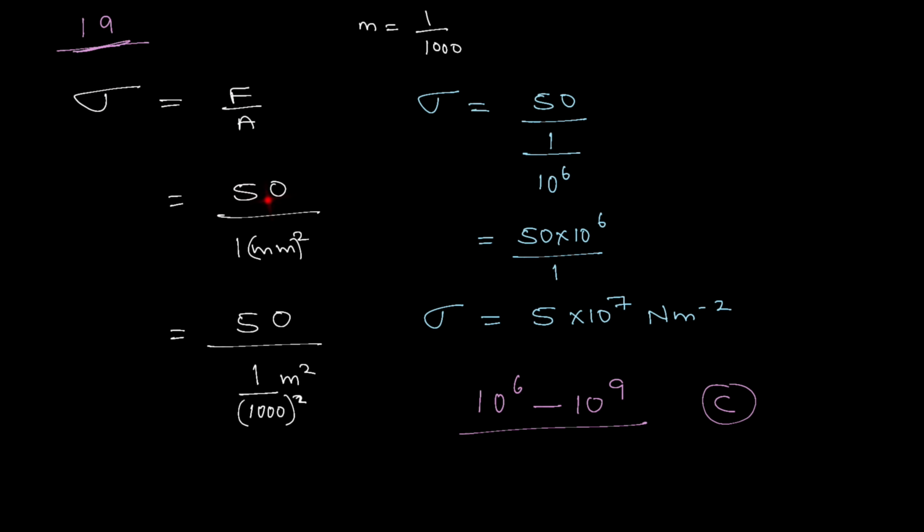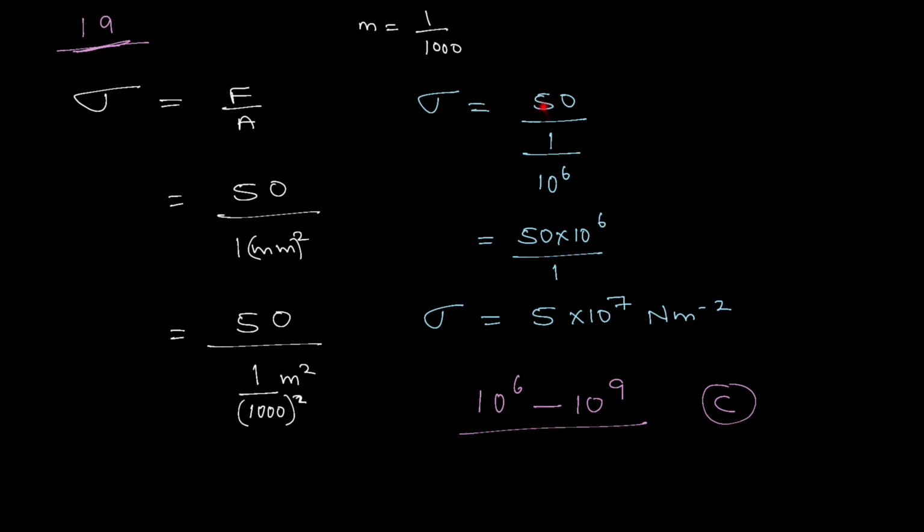And the force given to us is 50 newton, and the area is 1 millimeter squared. Milli is 1 over 1,000, so I'm replacing the m here by 1 over 1,000, so which is 1 over 1,000 squared, because this is squared, that square is for that, and that square is for that. And this is meter squared. So now I've changed the millimeter into meter squared.